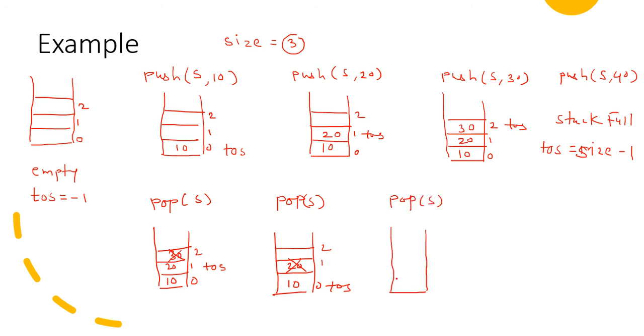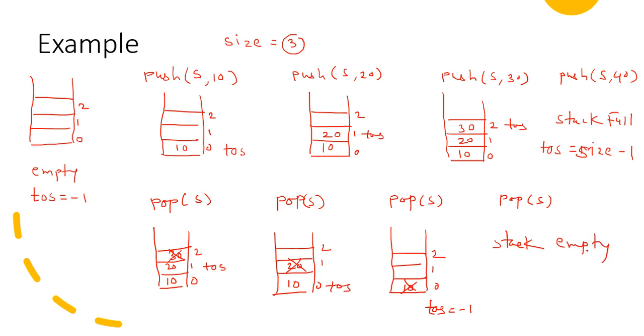Now the stack contains only one element, that is 10. This 10 value will get popped here. The top value is 0, now my top value becomes -1. That means it is decremented by 1. If I want to pop one more element, I should get the message stack empty.